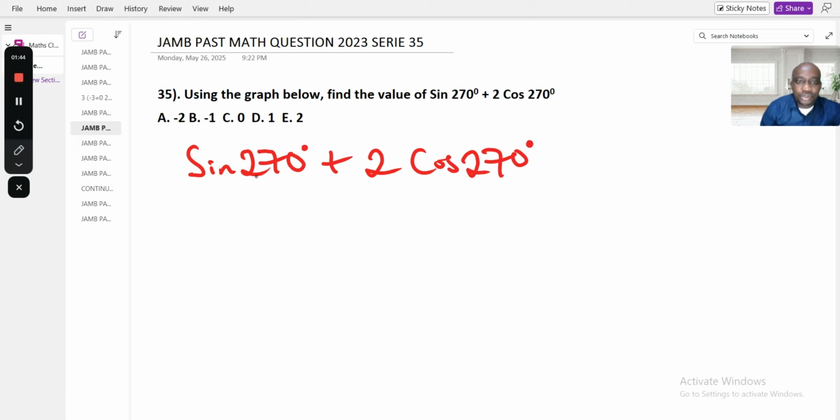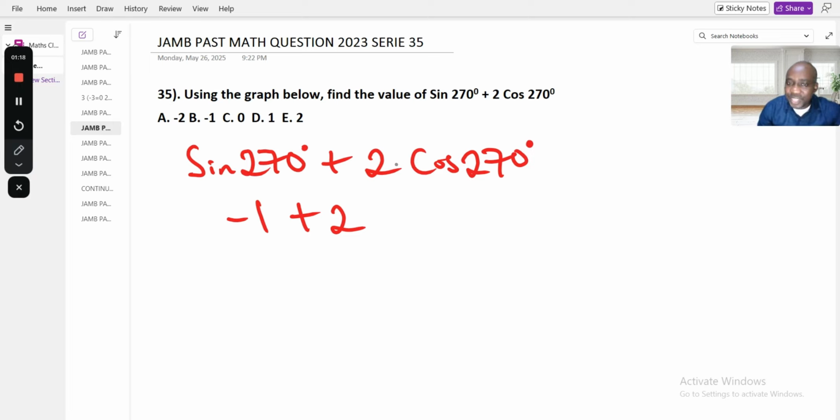What is sine 270 degrees? When you press the calculator, you will discover the answer instead of going through the graph. Therefore, what is sine 270? Sine 270 is -1 plus 2. What is cosine 270? Our cosine 270 is going to give us 0.